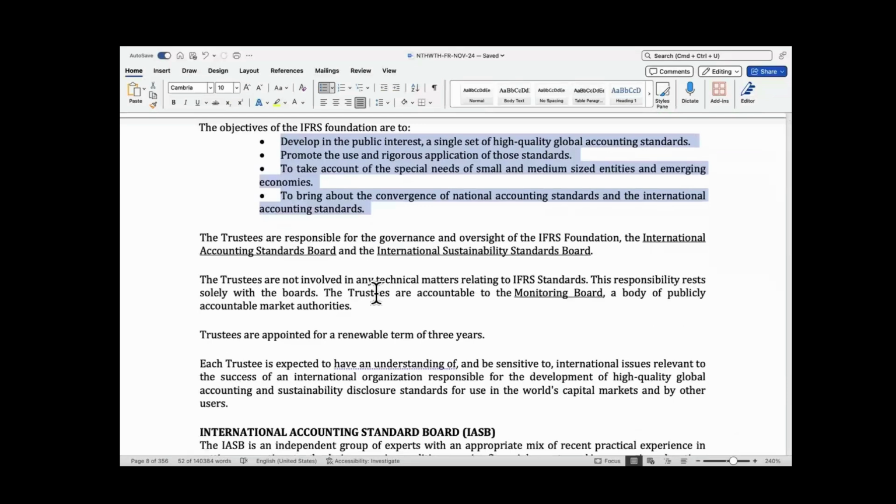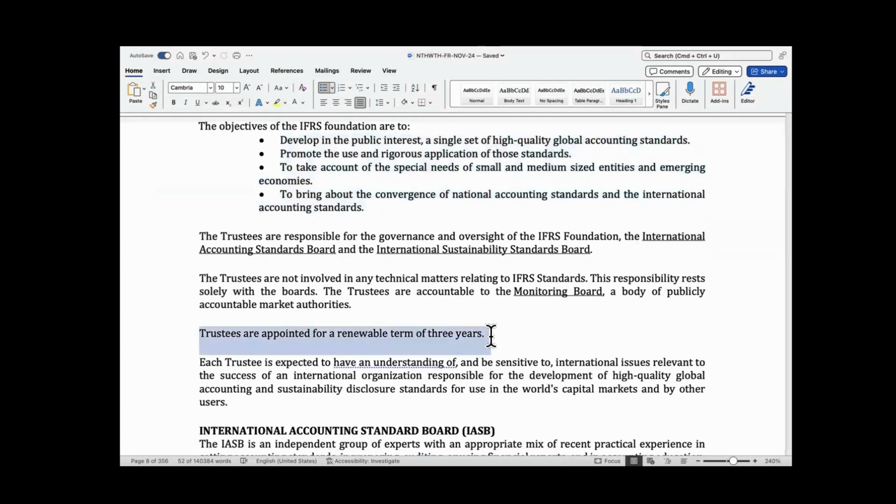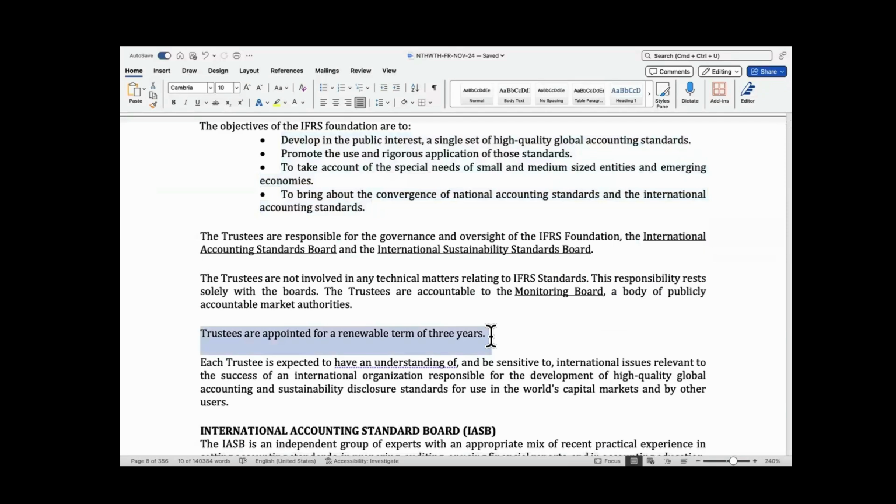And these trustees, they are appointed by the monitoring board, and they are renewable after 3 years. They might ask them to leave, or they could renew their tenure.